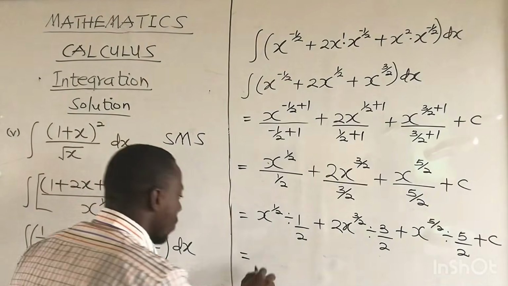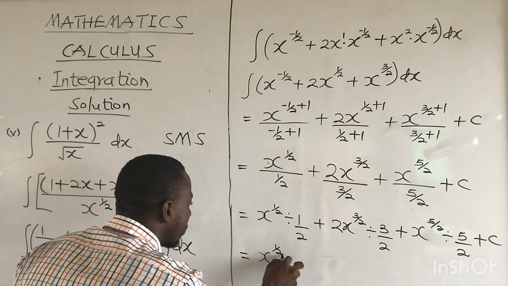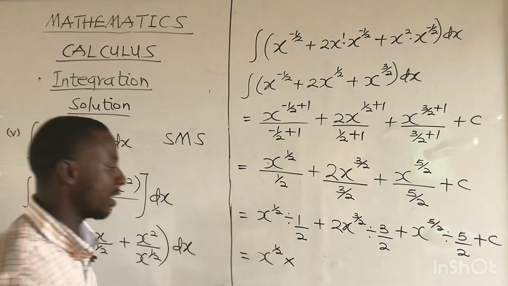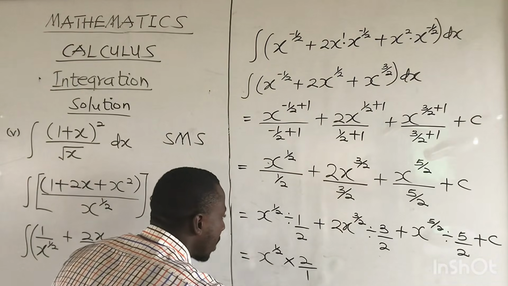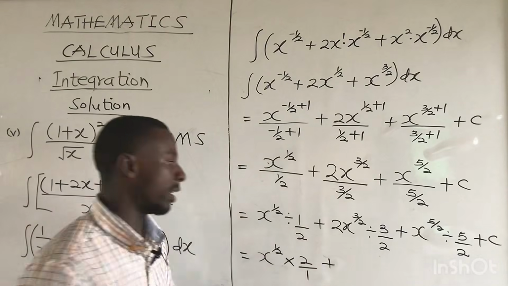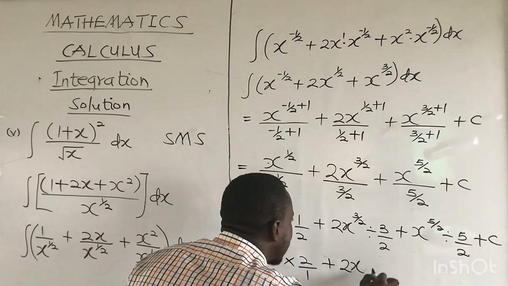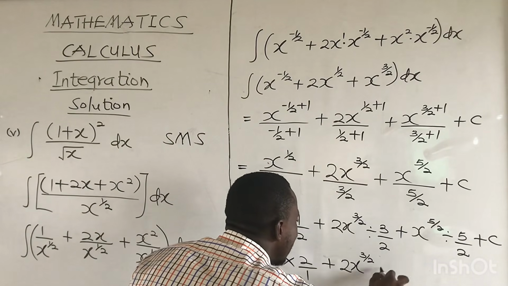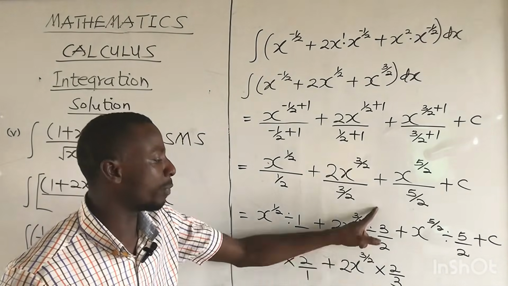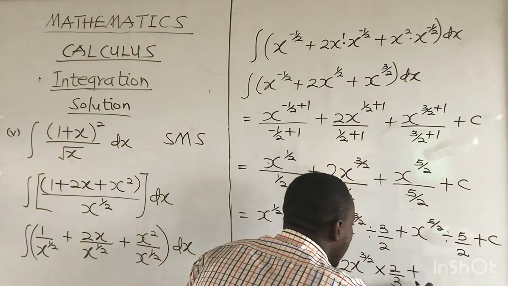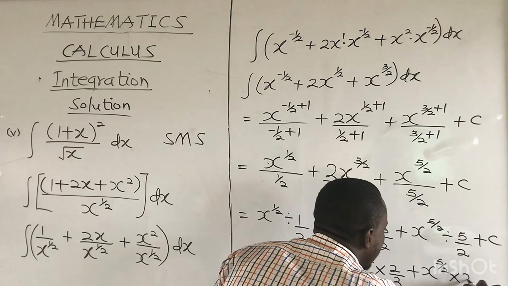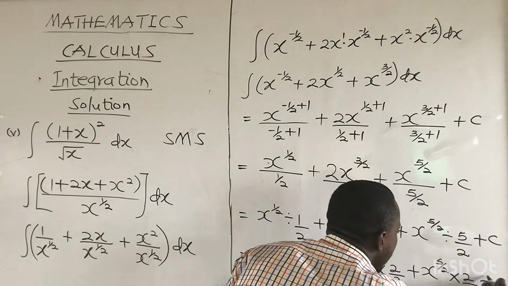So from here, we have x power half times, now we need to reciprocate this fraction, which will give us 2 over 1, plus, we are going to do the same thing here. So we have 2x exponent 3 over 2 times 2 over 3. We are going to reciprocate that. Plus x exponent 5 over 2 times 2 over 5 plus c.